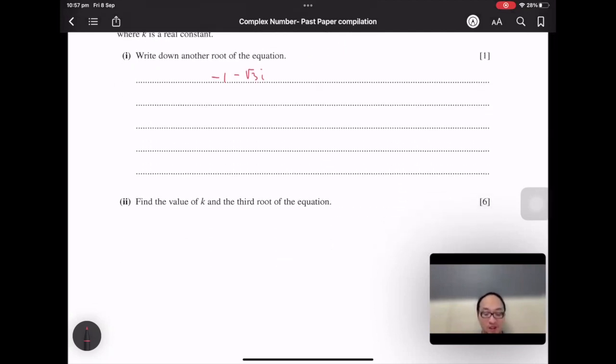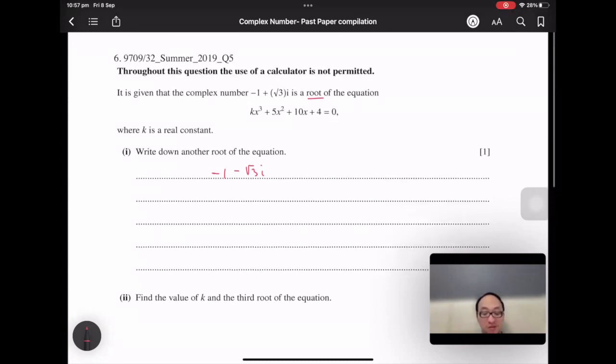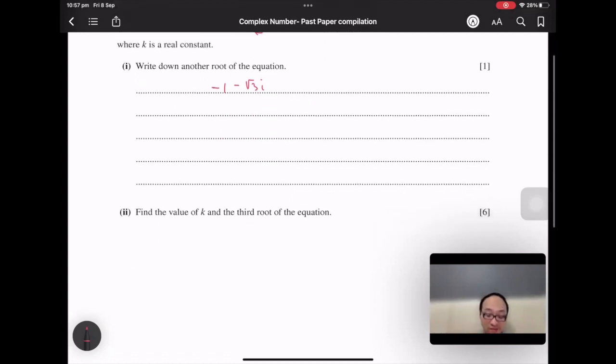Find the value of k and the third root of this equation. We have x cubed here, so that means at most we will have 3 solutions. The first two are x minus (1 plus root 3i) and x minus (1 minus root 3i).